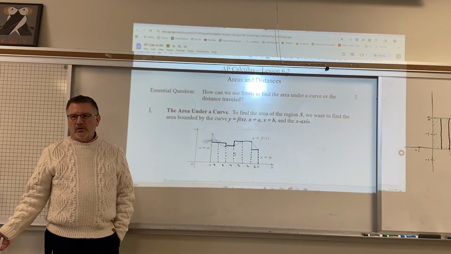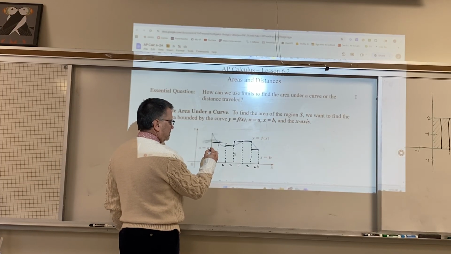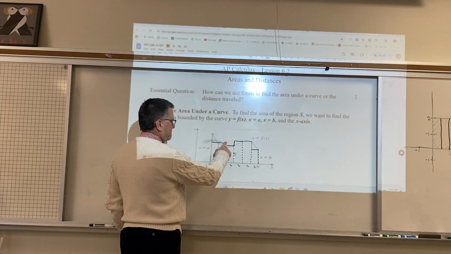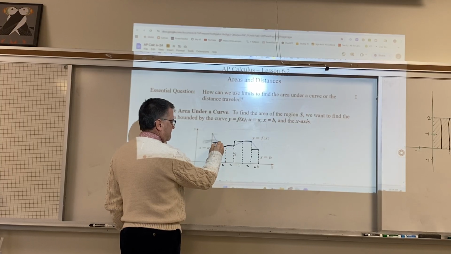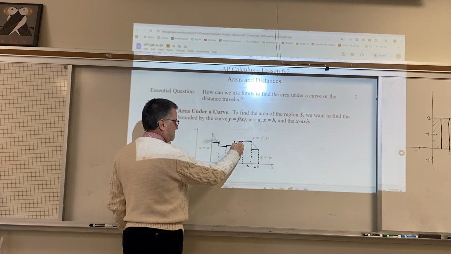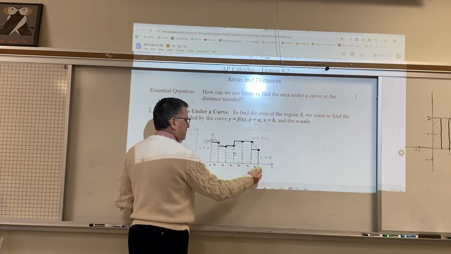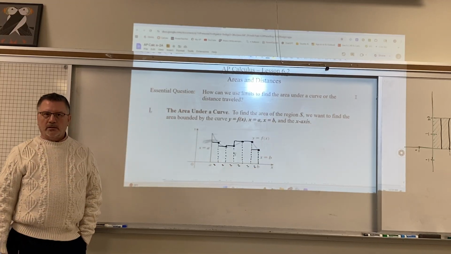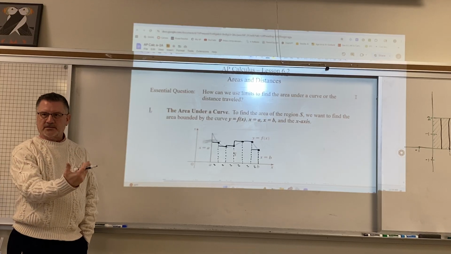So where do I want to take the height to? Let's take the height being the right side of the rectangle.